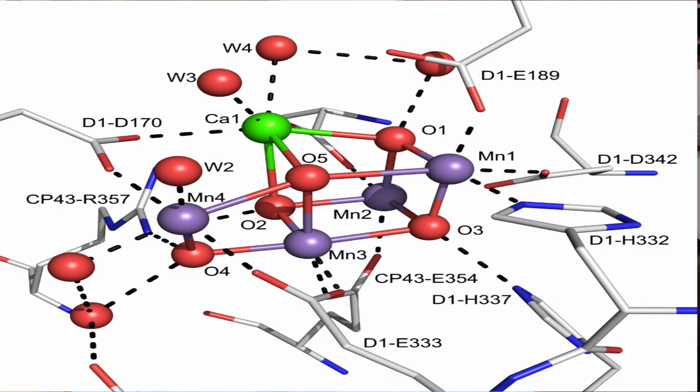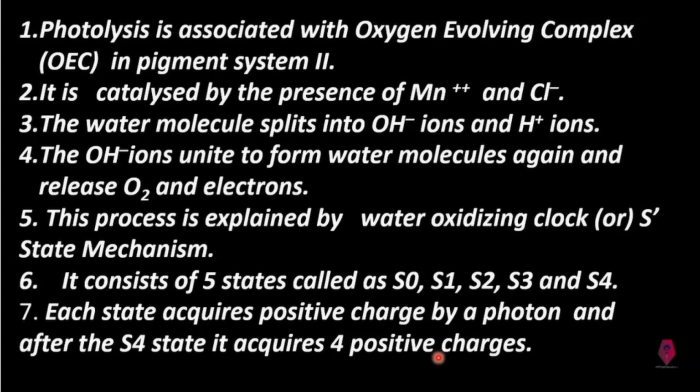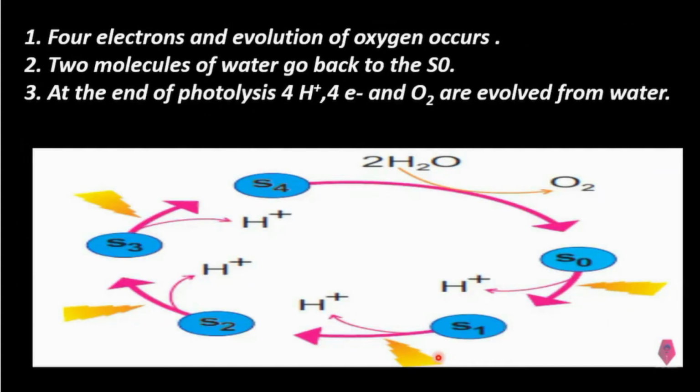The molecular machinery for dissociating water requires the ability to store energy from the first 3 photons before the 4th provides sufficient energy for water oxidation. Then the OEC transfers 4 electrons one at a time to photosystem 2 via a tyrosine residue in the reaction center.